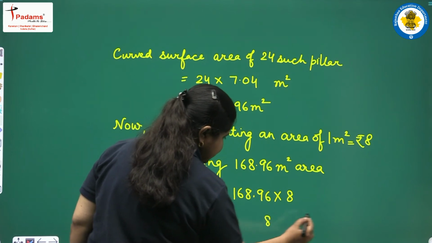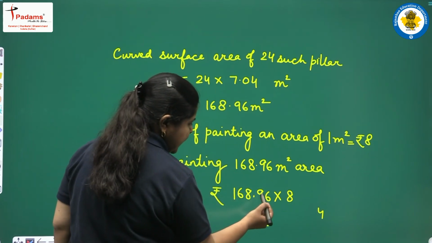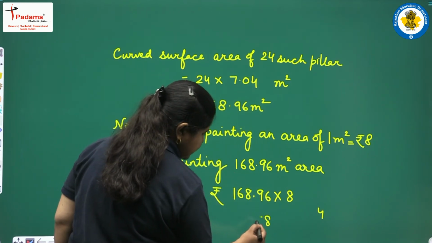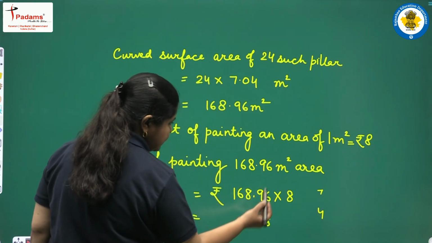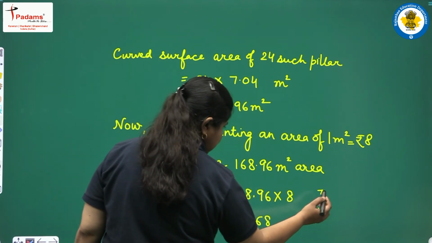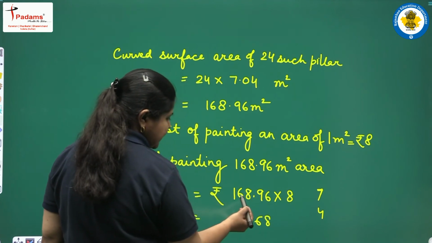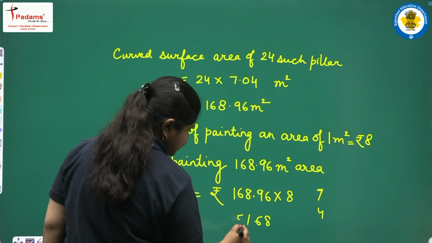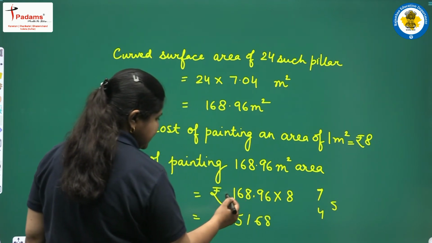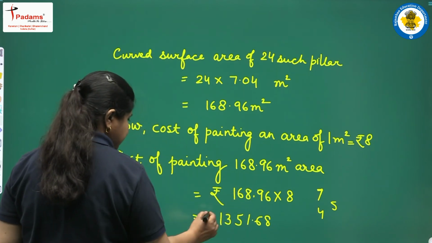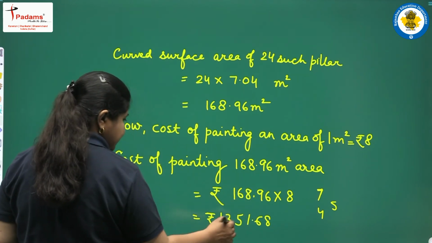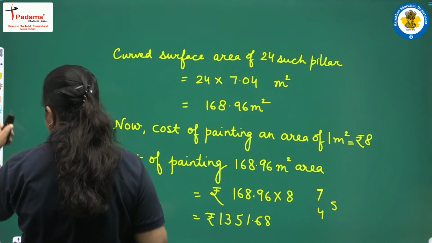8 6 are 48, 4 carry, 8 9 are 72 plus 4 it will be 76, 7 carry, 8 8 are 64 plus 7 it will be 71, again 7 carry, 8 6 are 48 plus 7 it will be 55, 5 carry, 8 1s are 8 plus 5 it will be 13. Now mark the decimal, it will be ₹1351.68.